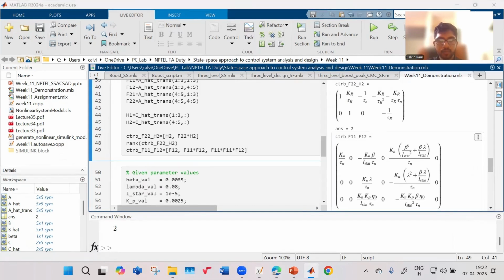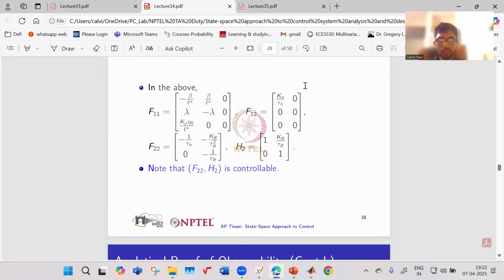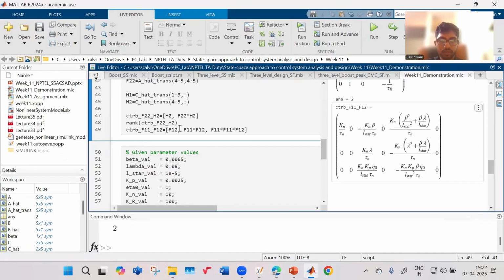F12, this matrix is not required. It is not needed. This column is not needed because it is all zero, so its effect is not there. Right? So what we can do is, instead of F12, we take all the rows and the first column.